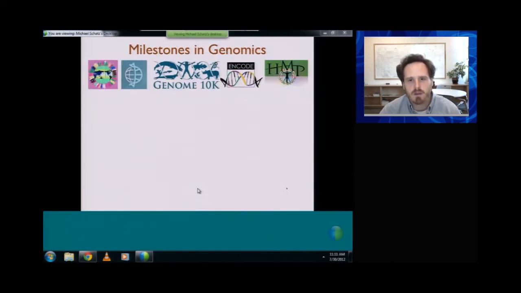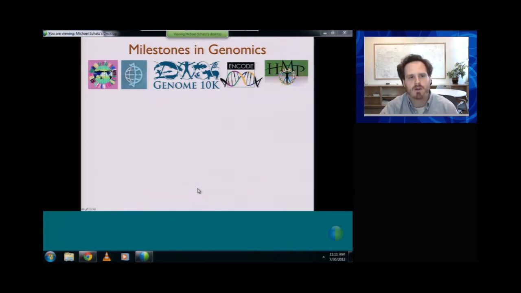So these instruments are being applied to many, many different studies from investigators around the world. Here I have the logos from a few different projects. The first logo is from the 1,000 Genomes project, using massive amounts of sequencing to study the diversity in healthy human beings from around the world.